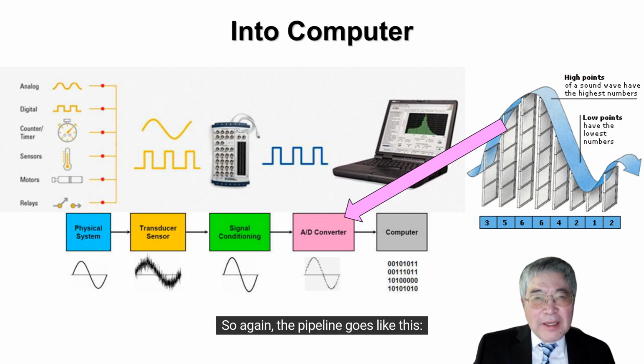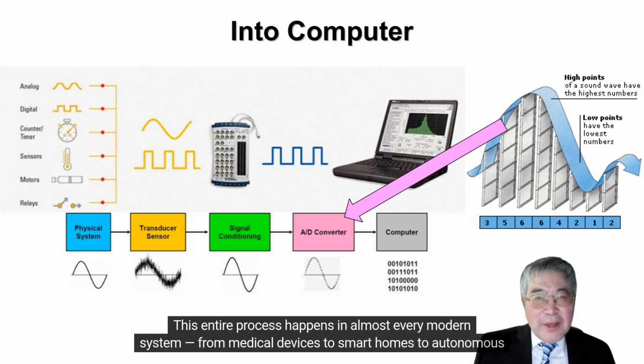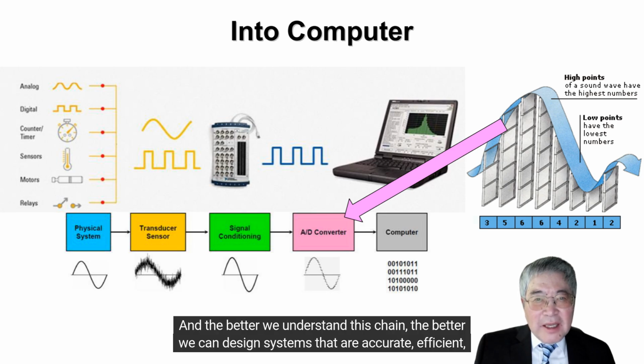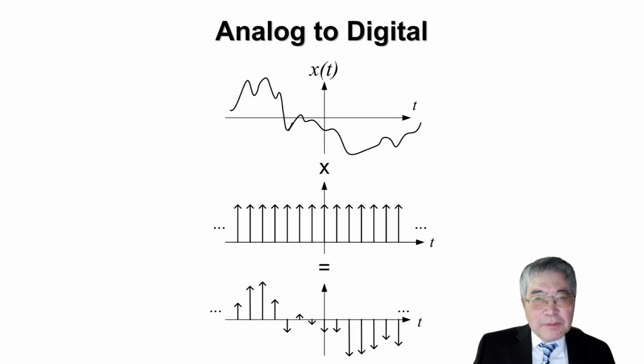So again, the pipeline goes like this: physical system, transducer, signal conditioning, analog to digital conversion, computer. This entire process happens in almost every modern system, from medical devices to smart homes to autonomous vehicles. And the better we understand this chain, the better we can design systems that are accurate, efficient, and reliable.